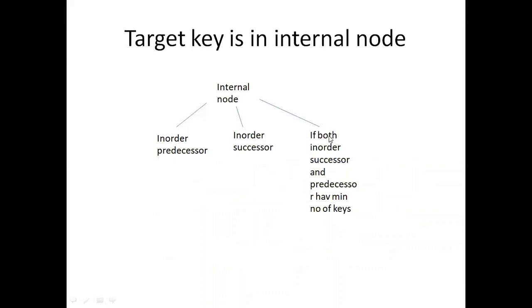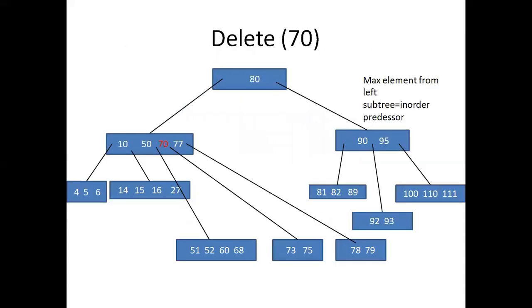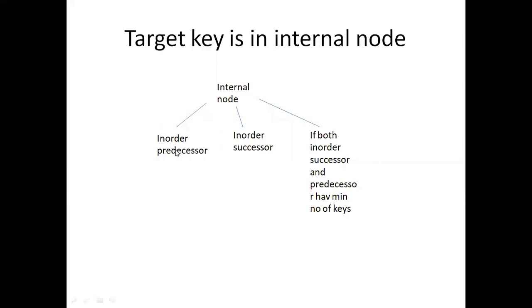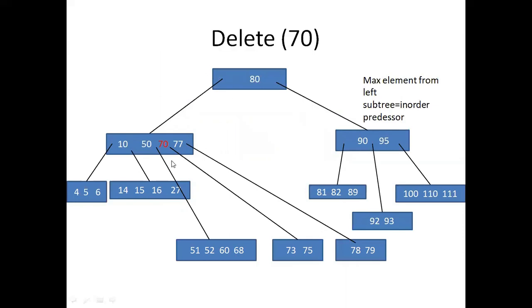And third case, if both the in-order successor and predecessor have the minimum number of keys, then what to do? So we'll check with the first condition, that is, we have to replace it with the in-order predecessor. Suppose here we want to delete the key value 70.